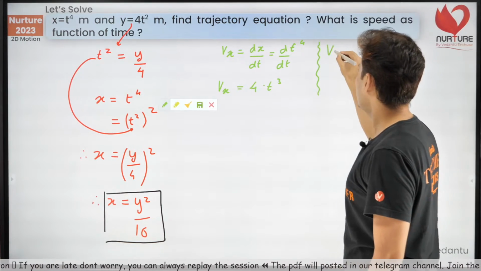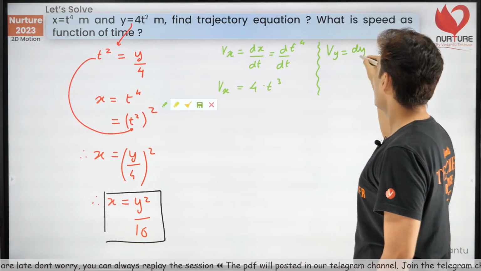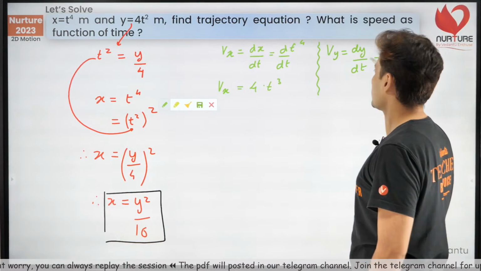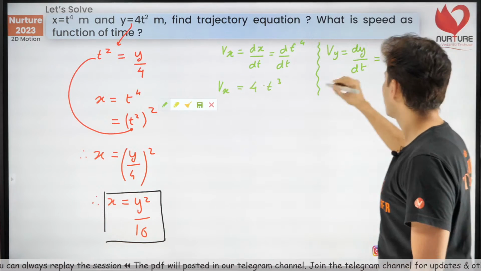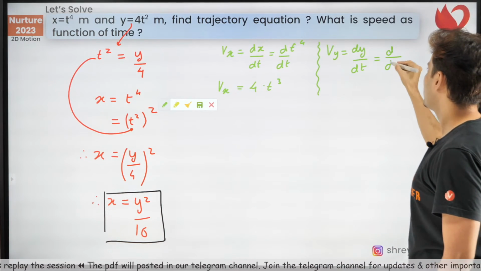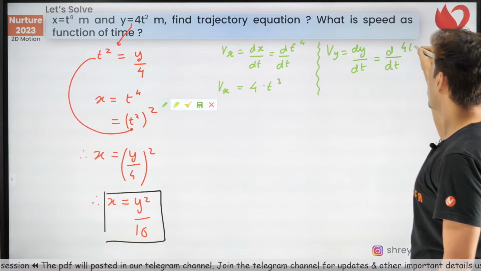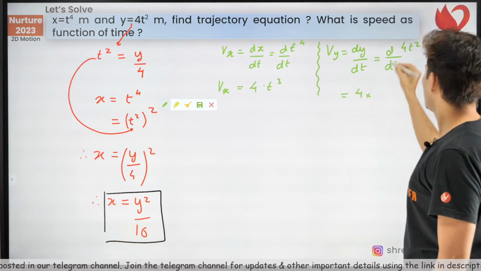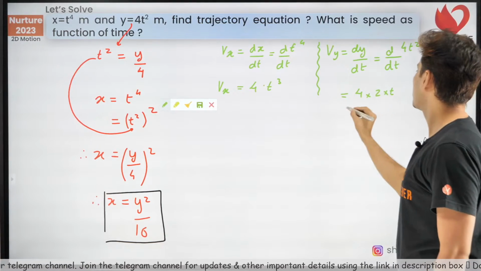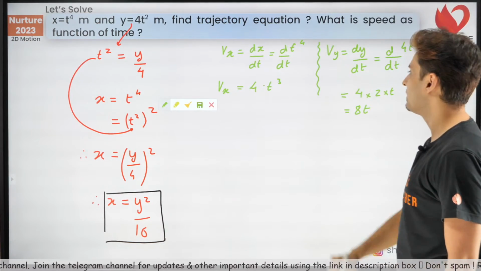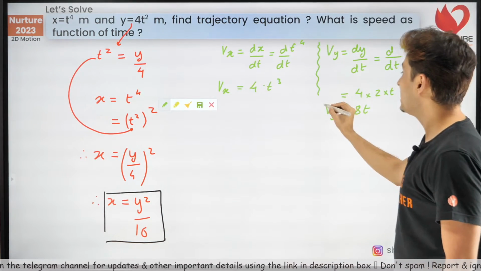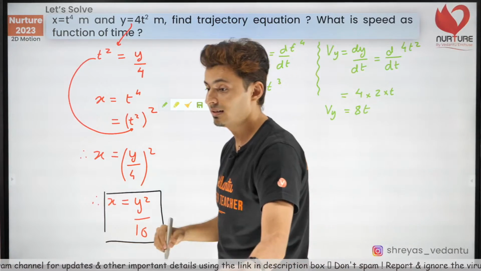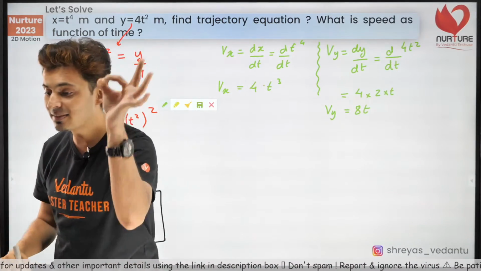Similarly, Vy is dy by dt. Y is given, so it is d by dt of 4t square. 4 comes out, into 2 into t. So that's 8t. That's Vy. Now the question is to find speed.